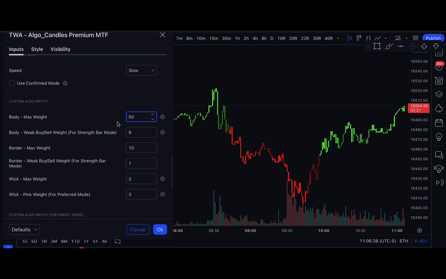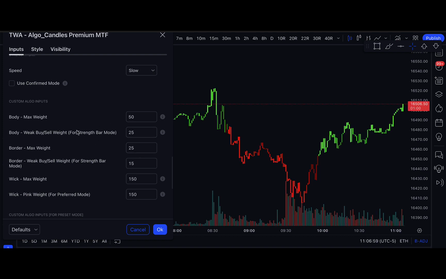So we got 50, 25, 25, 15, 150, and 150. Basically I'm saying put the most amount of weight on the preferred, the second most weight on the strength, because the strength is the body, and then the least important on the algo candle coloring.